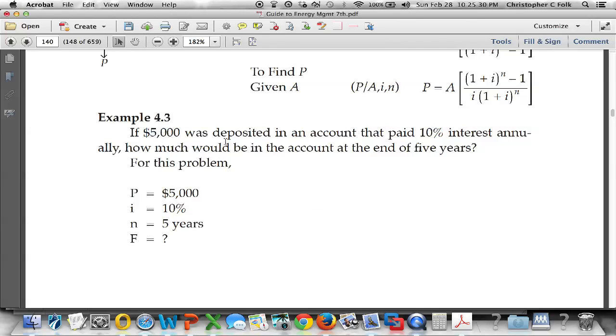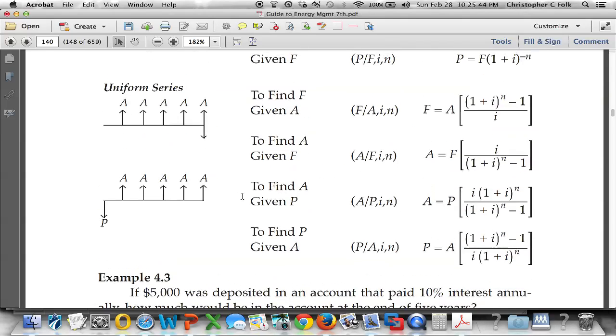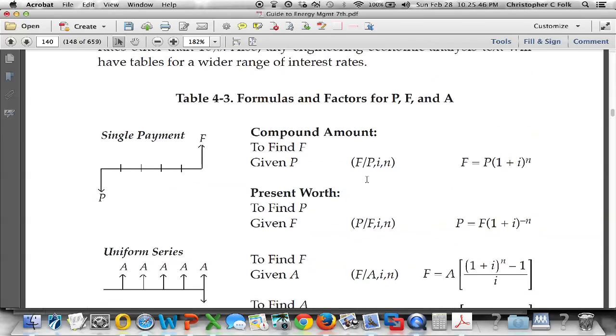If $5,000 was deposited in an account that paid 10% interest annually, what would be in the account at the end of 5 years? So we're finding F given P, so this would be F/P: find F given P, given the interest rate and the number of years. Then this is how it gets calculated out, right over here.